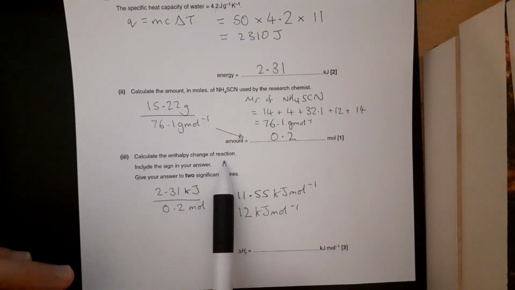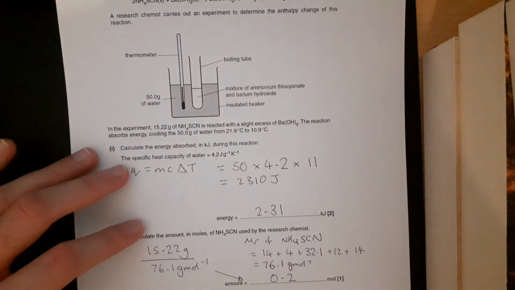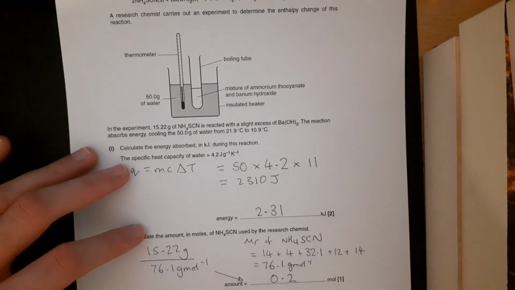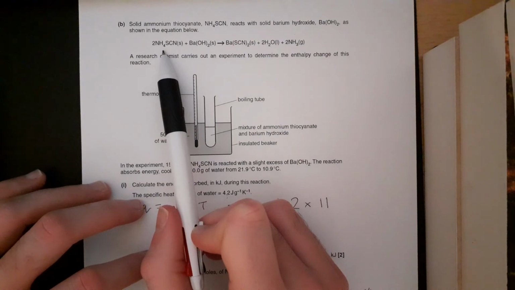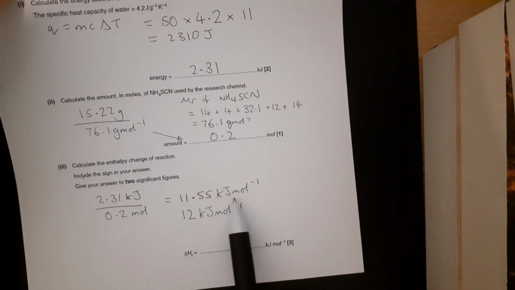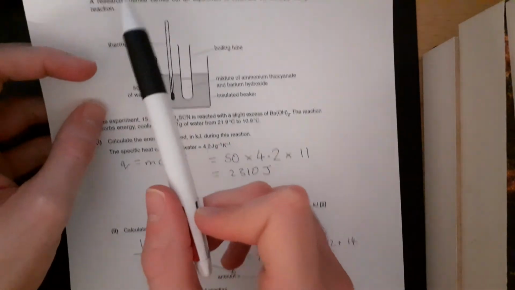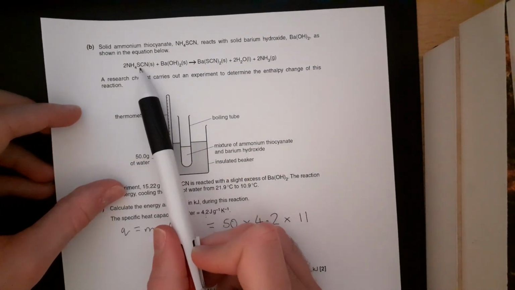The definition of enthalpy change of reaction is the enthalpy change for the reaction in the molar quantities expressed in the equation. The equation has 2 moles of ammonium thiocyanate in it. So 11.55 kilojoules per mole, we should actually times by 2, because the equation as written has 2 moles in it.